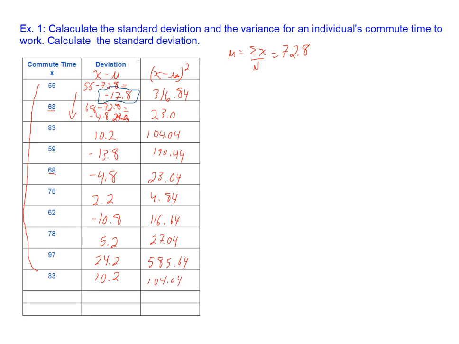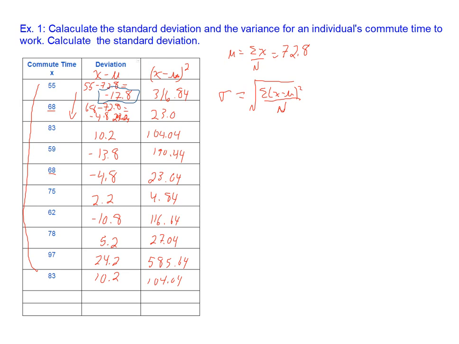Alright, so now that we've calculated the deviations squared, you'll remember the formula for the standard deviation, I'll just write it over here so we can keep an eye on what's happening. The formula for the standard deviation is equal to the square root of the sum of the deviations squared divided by the number of elements.